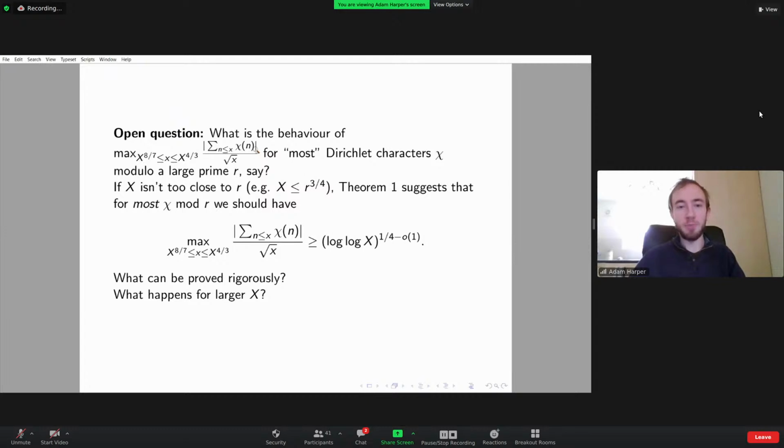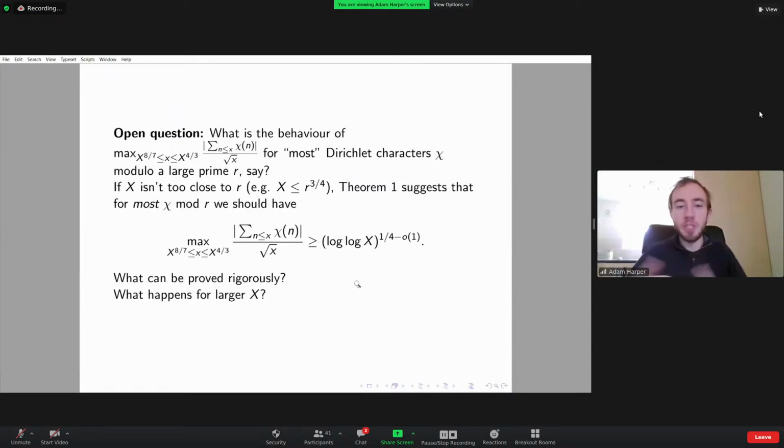And in the random multiplicative case, we could say something about how large this gets with probability tending to 1. So that would be equivalent to saying something about how big this maximum gets for most Dirichlet characters, let's say for 99% of Dirichlet characters modulo some large R. Theorem 1 would suggest, and I would believe this, that provided capital X, the length of the interval, isn't too close to R, let's say provided capital X is at most R to the 3/4, so that capital X to the 4/3 is at most R, then the maximum of this rescaled thing should be like log x to the 1/4 for most characters, for 99% of characters.